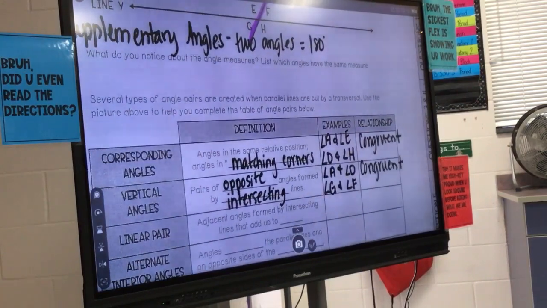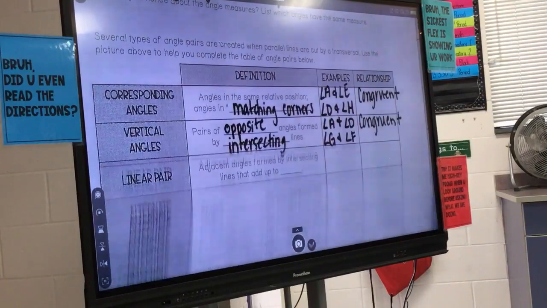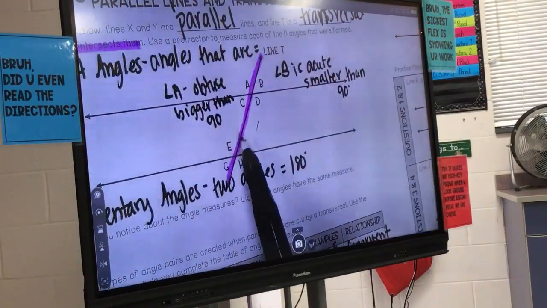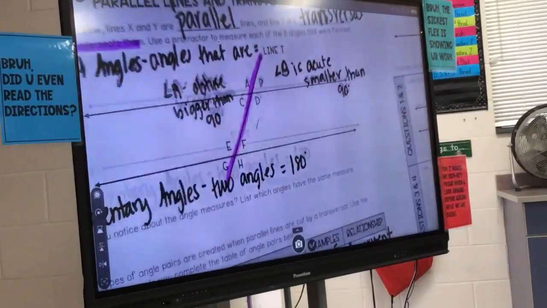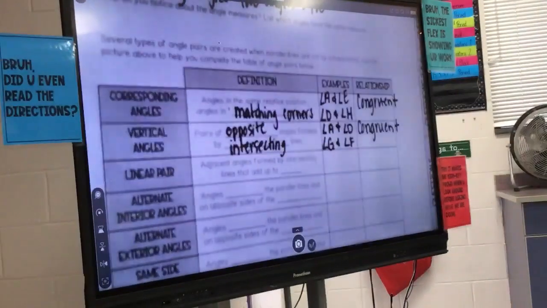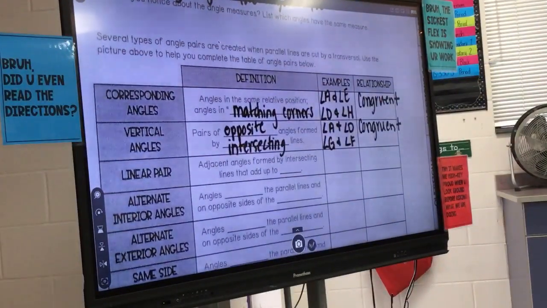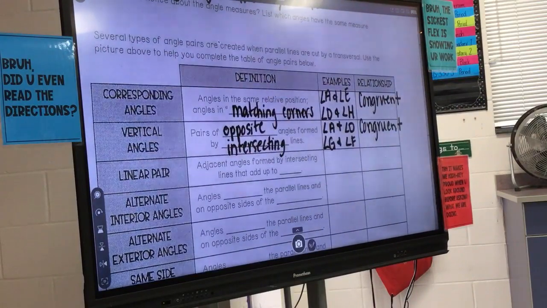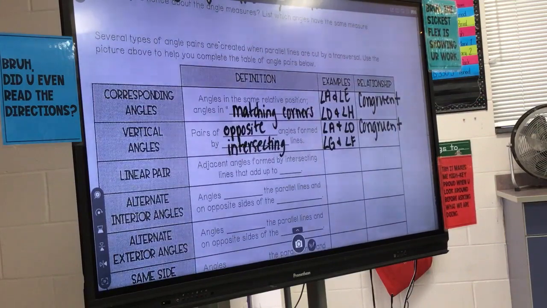All right, anyways. So, if they're adjacent, that means that they are right next to each other. What does the total have to be? So, a straight line from here to here, if you have a straight line, the degree that it equals is what? 180.